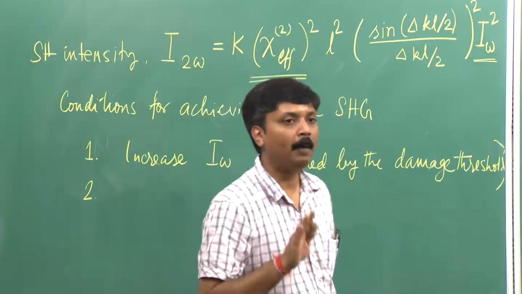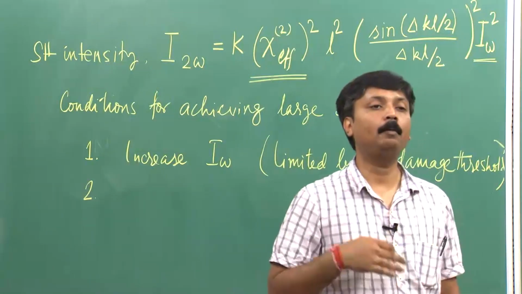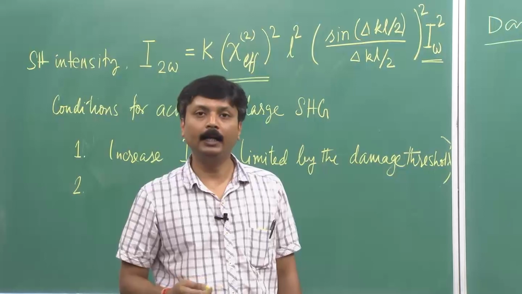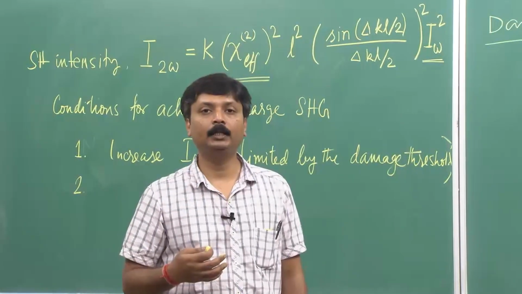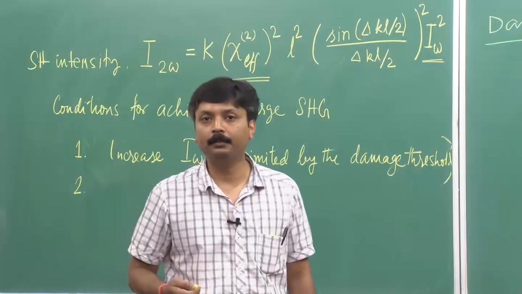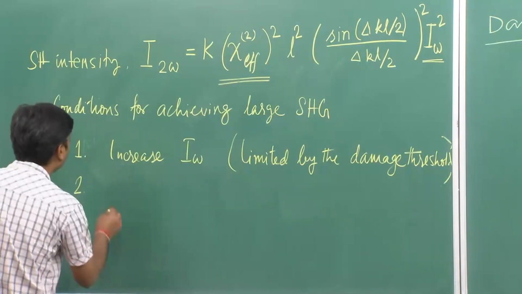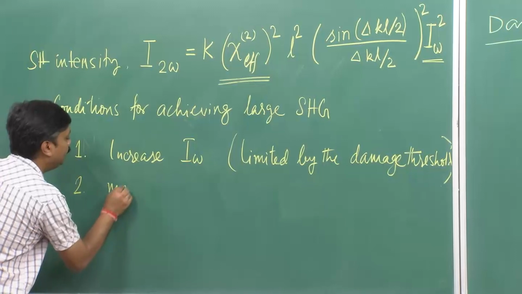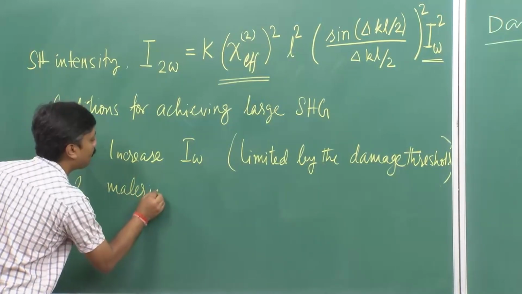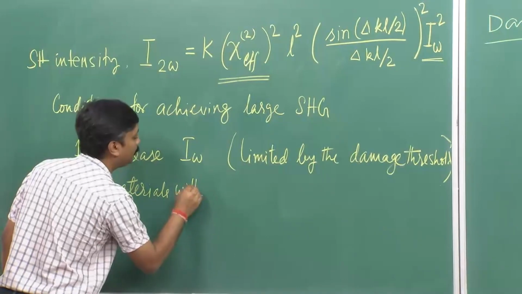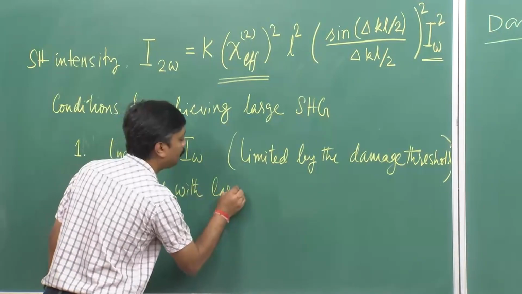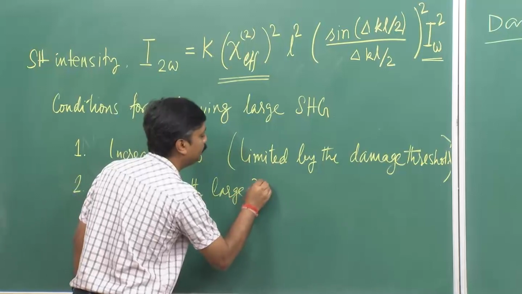If I go to the macroscopic scale; if I am looking microscopically, then it should have a very high value of second order polarizability. So, we need materials with large second order susceptibility.